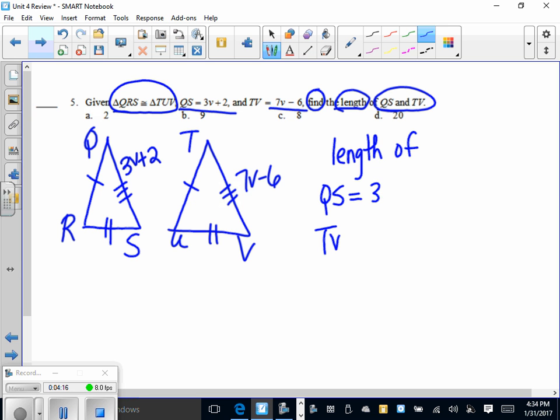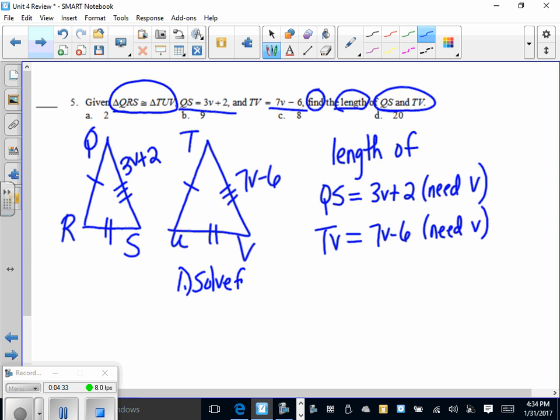Well, QS is 3V plus 2. That means we need V. And TV is 7V minus 6. So we need V. So the first thing we're going to do is solve for V. Then we're going to plug our answer in.